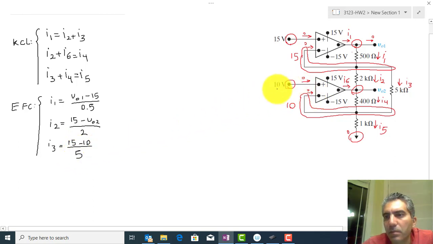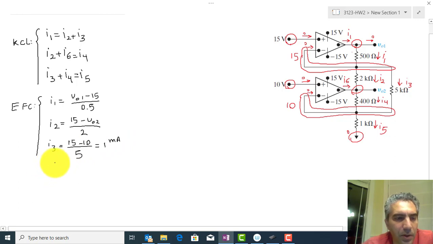So let's look at this. For the 5K resistor, on one end you have the 15 volts, and the other end you have the 10 volts. And that actually gives you a value of 1 milliamp immediately.